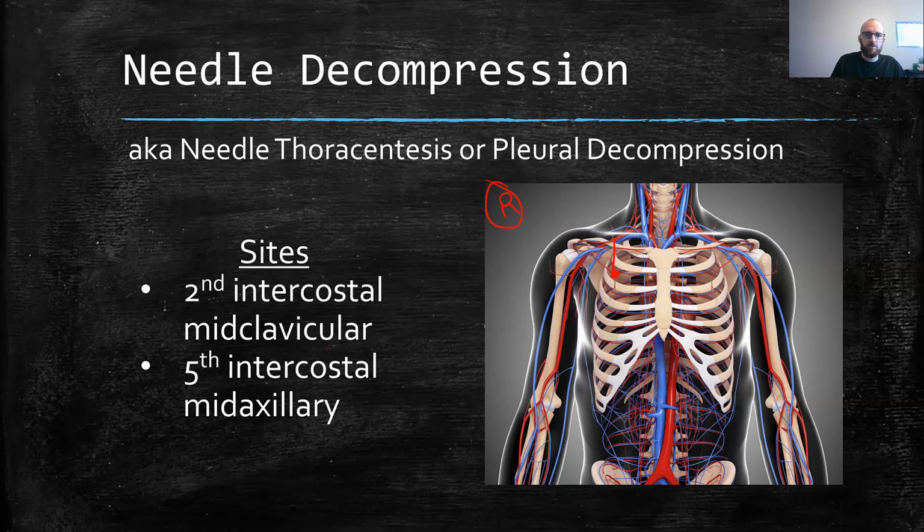Cool. So second intercostal space or fifth intercostal mid-axillary, and they'll always phrase it as just above the bottom rib in that space.